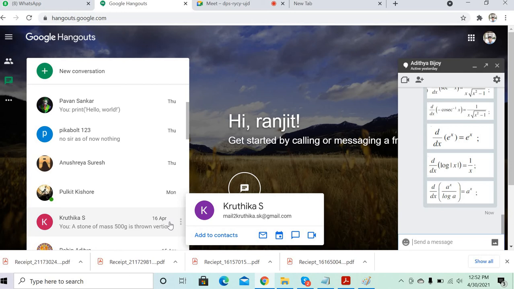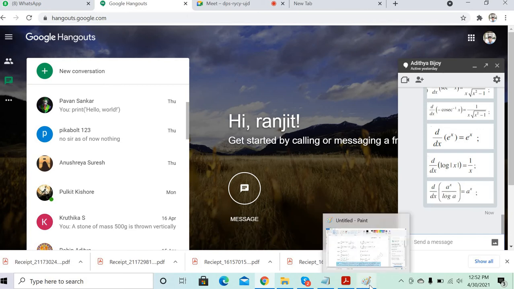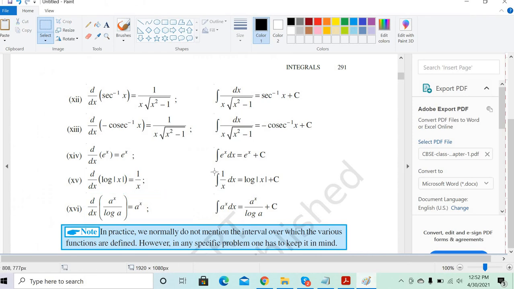So you keep the log a outside, so it becomes 1 by log a, and the differentiation of a power x is a power x into log a. So log a gets cancelled, and the answer will be a power x. Clear? Because the differentiation of a power x is a power x into log a.